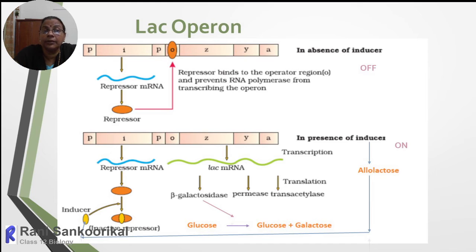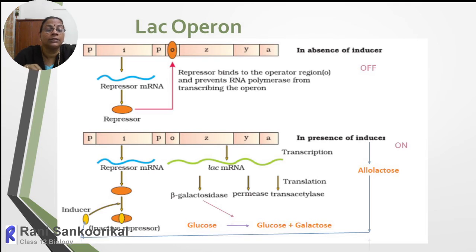And then, suppose the lactose in the medium is completely utilized. How does this lactose utilization come to an end? That is, when the whole lactose that you have added is completely utilized by the bacteria, then even the allolactose, which is acting as the inducer, also will be utilized by the bacteria.